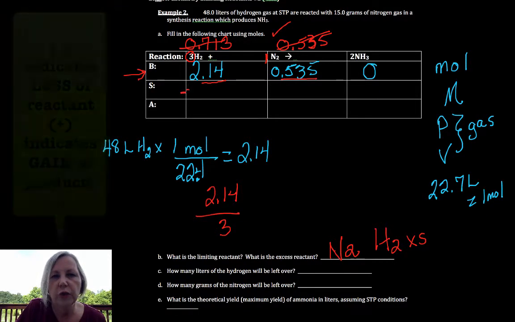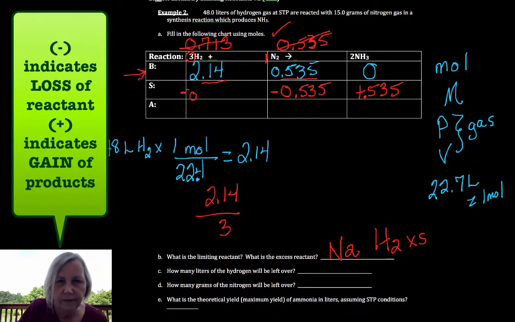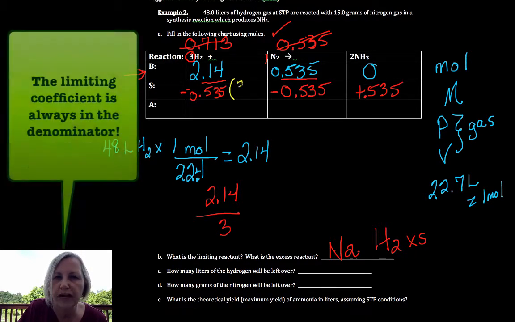So we're going to start with that limiting, and we lose reactant, and we gain product. But we have to consider the mole-to-mole ratio because I lose 3 hydrogens for every 1 nitrogen. So we have to multiply this by the mole ratio.